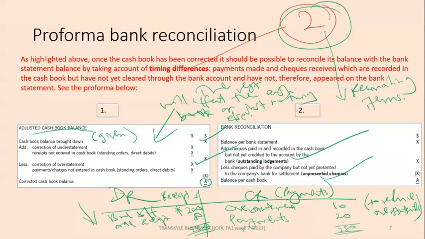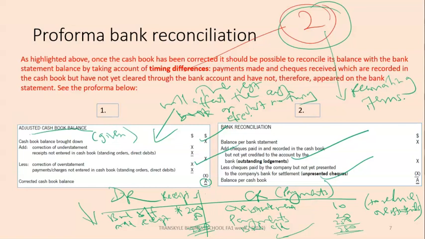Then you have the balance CD here, which is the difference, 30 minus 280, you get 250. So this 250, you take it down on the debit side as the corrected balance, the adjusted balance for the cash book. That's the balance that is going to appear on the bank reconciliation statement.